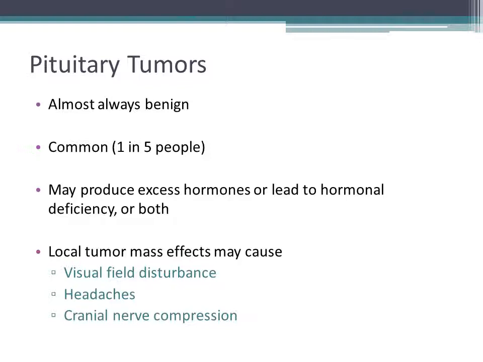That is not the case for pituitary tumors because they live in a small space, and small tumor sizes can lead to problems within the confinement of the skull. So the main issues include visual field disturbances or headaches or cranial nerve compression.